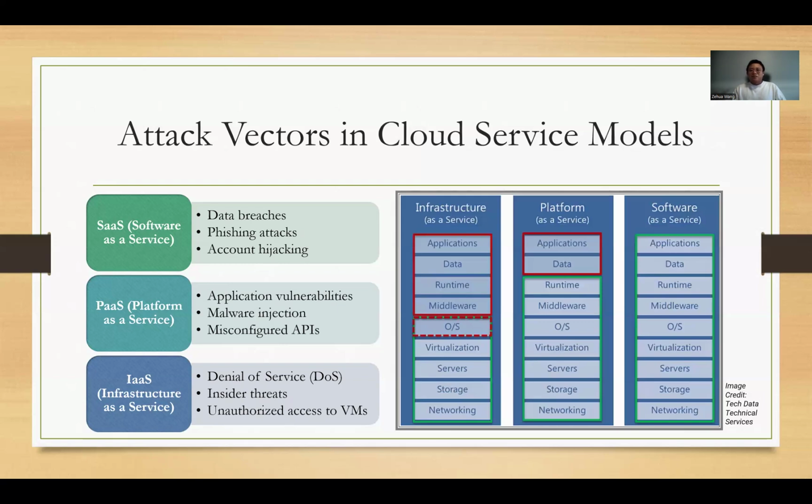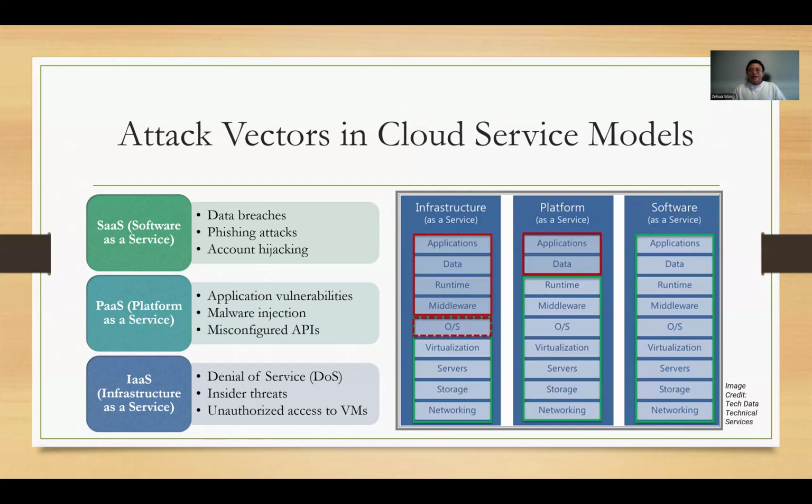Attackers might inject malicious code or exploit API endpoints to compromise the service. For instance, an e-commerce platform built on a PaaS solution could expose customers' data if its payment API is not properly secured. Attackers could also manipulate the system to perform unauthorized actions, such as executing scripts to exfiltrate sensitive information.